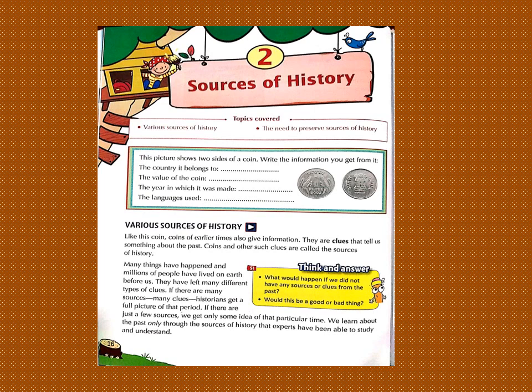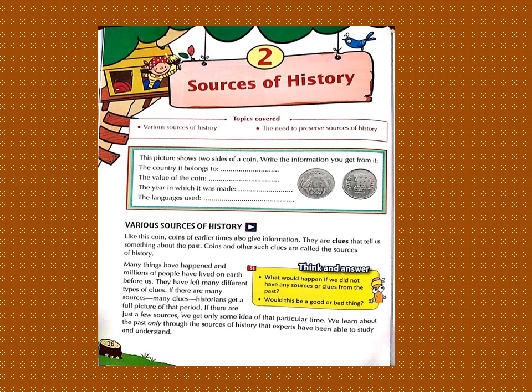If there are many sources, many clues, historians get a full picture of that period. After going through all these hints, historians get a lot of information about the lifestyle and the incidents of those periods.